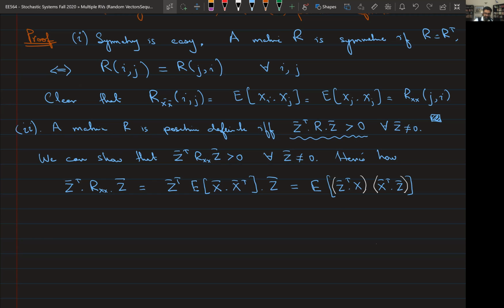Exactly, right? So this is a scalar. What about X transpose times Z? Same thing. As Mohsen said, this is just the transpose of the first thing. But since the first thing is a scalar, the transpose of a scalar is that scalar itself. So this is a scalar as well, and they both are equal.